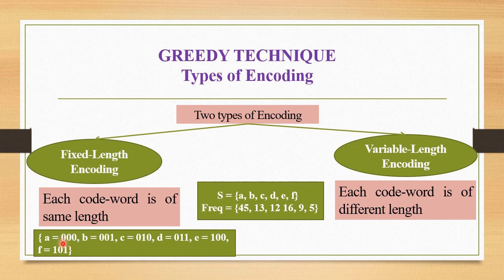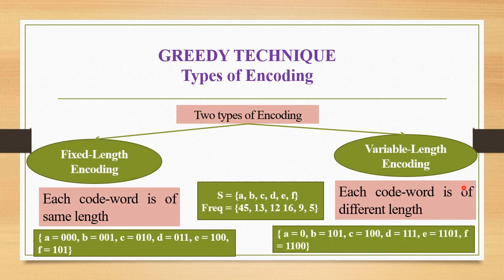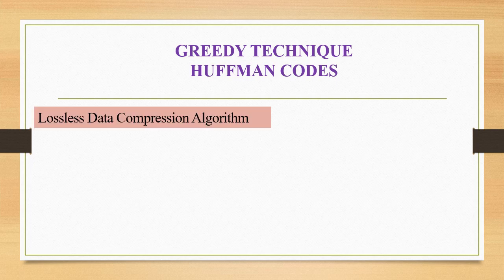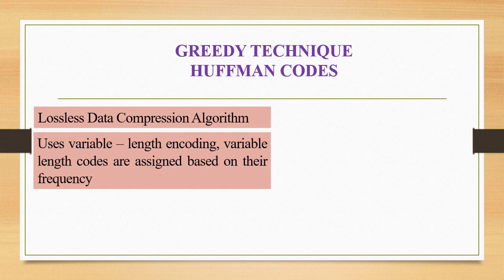Here I have assigned only 3 bits for all the characters, whereas in variable length encoding, the number of bits is quite different for each character. So Huffman coding falls under variable length encoding, not fixed length encoding.